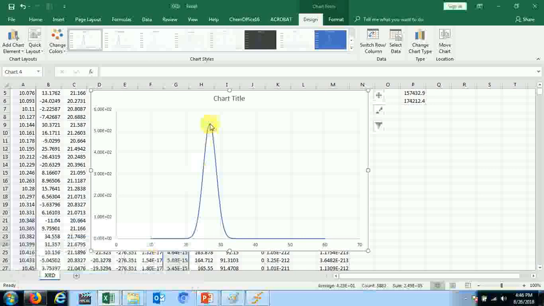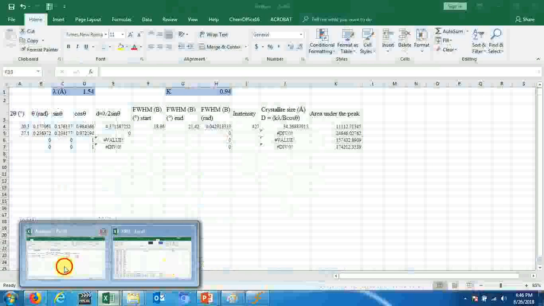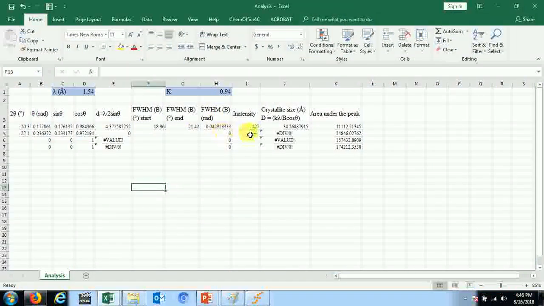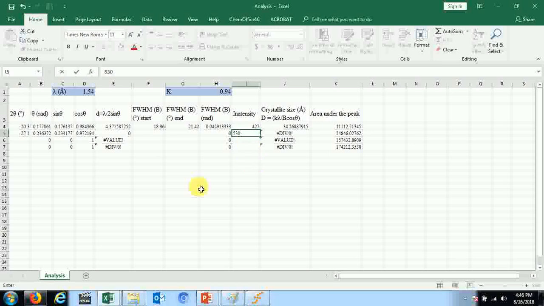What is the value of the intensity? It was 528 or 530. 530. So half of it, 265.